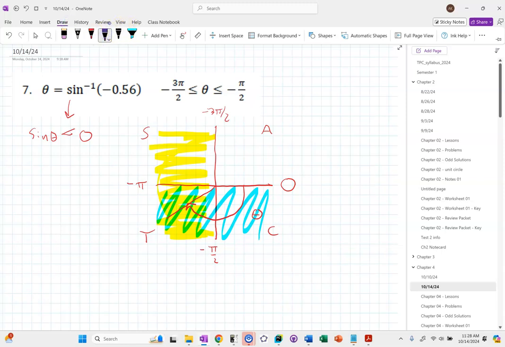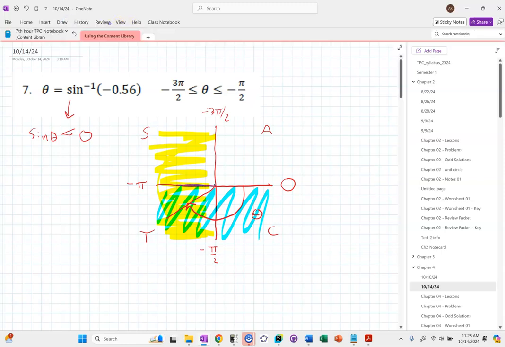I'll draw in my alpha. So here is my alpha, always drawn between the terminal side and the x-axis. So now all I need to do is write down what alpha is. So alpha is going to be the inverse function, but I also need to remember that it's an absolute value.